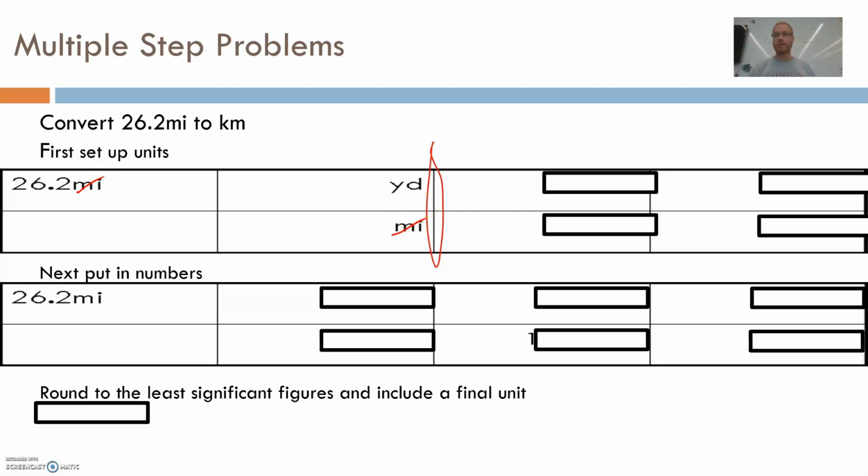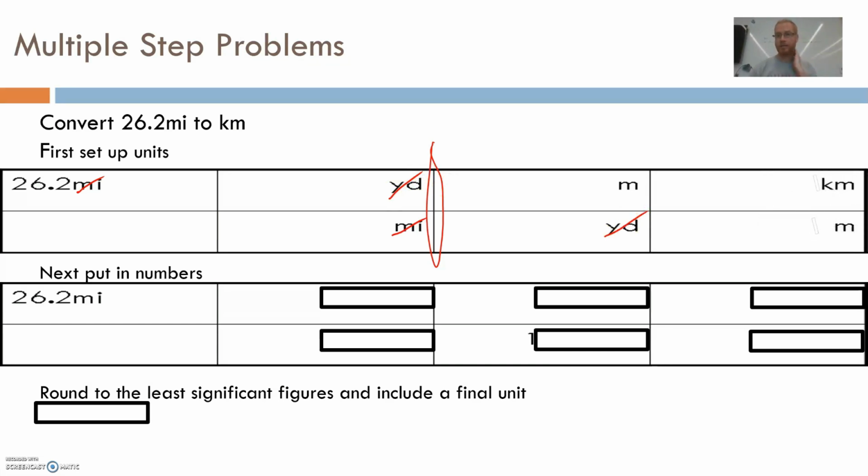Then I'm going to convert yards to meters, so the yards cancels out and leaves meters. And then finally, I'm going to convert meters to kilometers, so that the only unit left standing is kilometers.